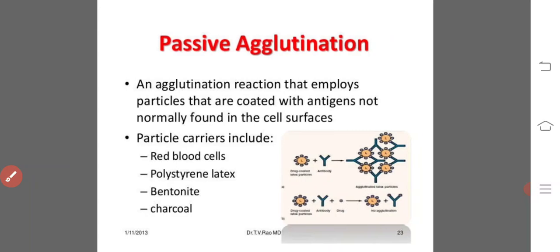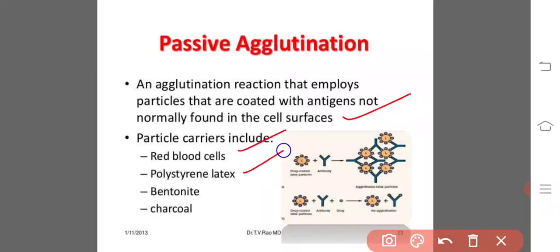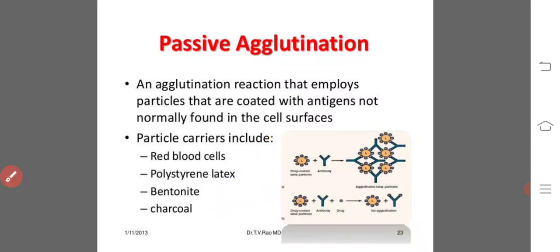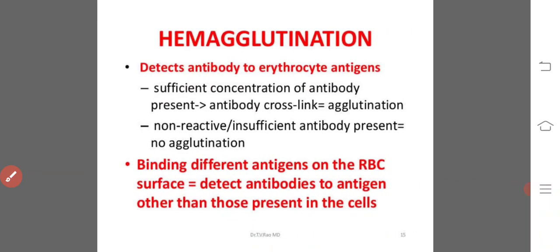Then coming to the passive agglutination, an agglutination reaction that employs particles that are coated with antigens not normally found in the cell surfaces. So the particle carriers include RBC, polystyrene latex, bentonite, and charcoal. These are used as the carrier molecules. And hemagglutination detects the antibody to erythrocyte antigens.